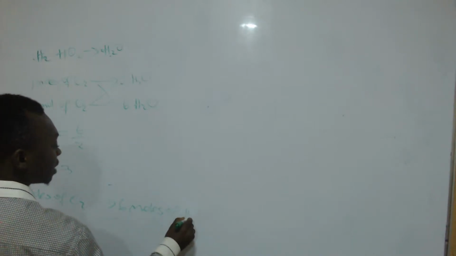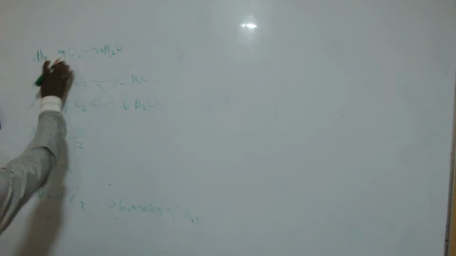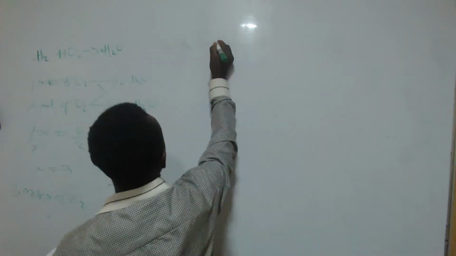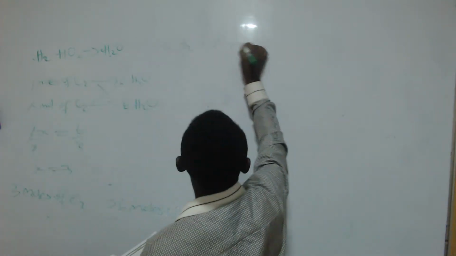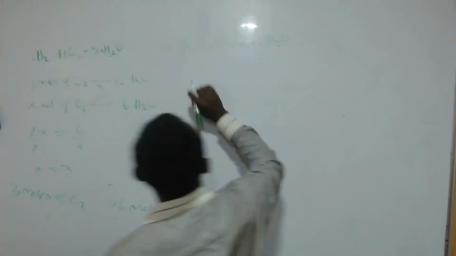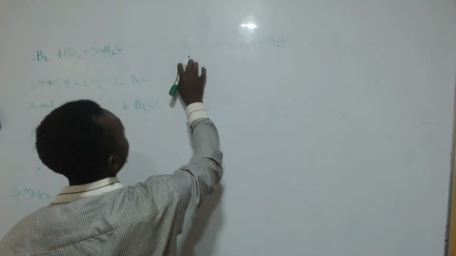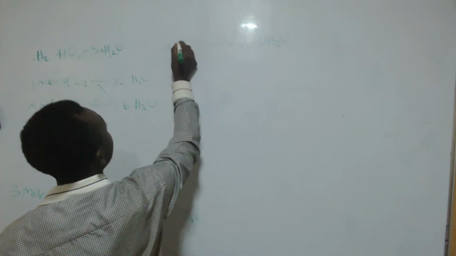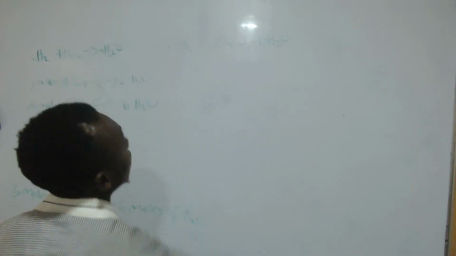How do you write that in the chemical equation? Just copy it: you put 3 moles of oxygen to give you 6 moles of water. As easy as that. Very, very easy.